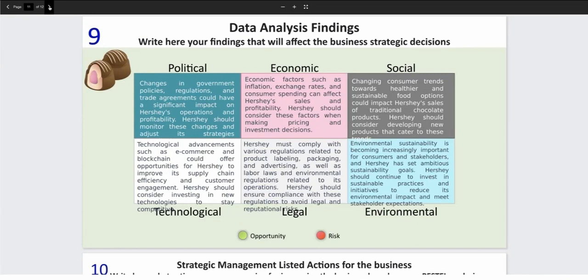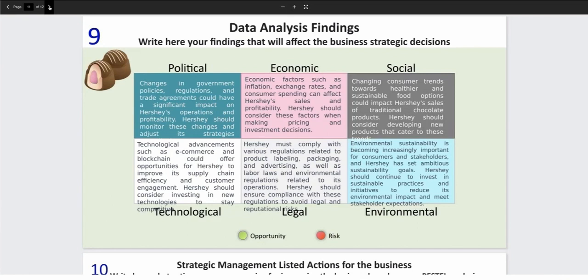Otherwise, you can go far by looking into the PESTEL analysis, such as for the economic branch. I'm going to read as well. Economic factors such as inflation, exchange rates, and consumer spending can affect Hershey's sales and profitability. Hershey should consider these factors when making pricing and investment decisions.